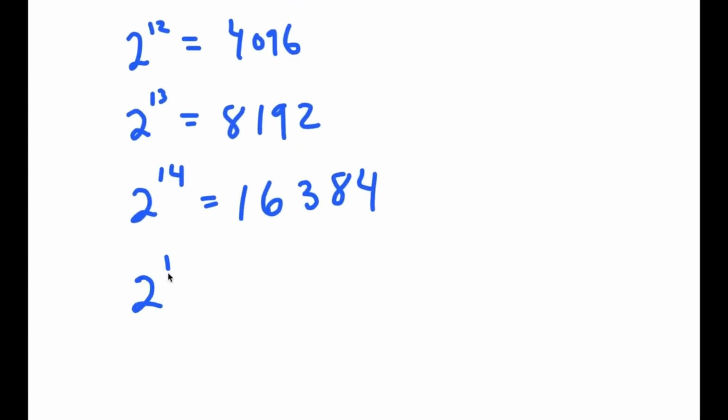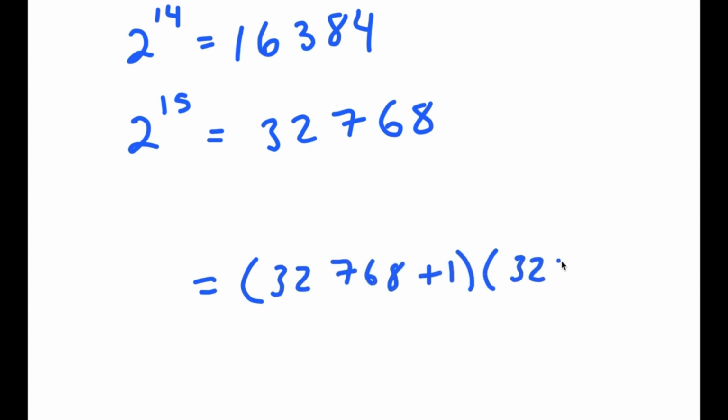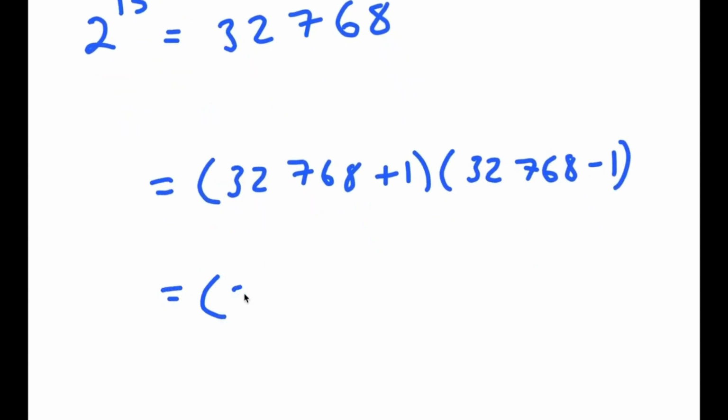And finally, 2 to the power of 15, this is double of this, which is 32,768. So I have 32,768 plus 1 times 32,768 minus 1. And now this is equal to 32,769 times 32,767.